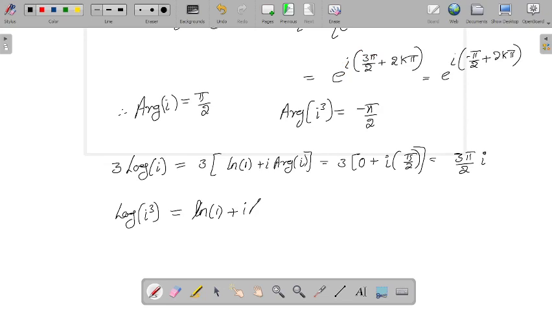So which is 0 plus i times the principal argument of i cube, which we already found is minus pi by 2. So finally what I get here is minus pi by 2 into i. We know that these two are not equal, therefore we can conclude that log of i cube is not equal to 3 into log i.